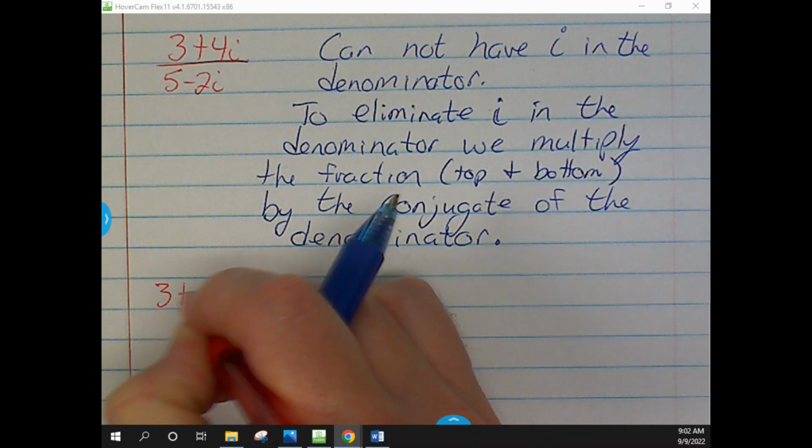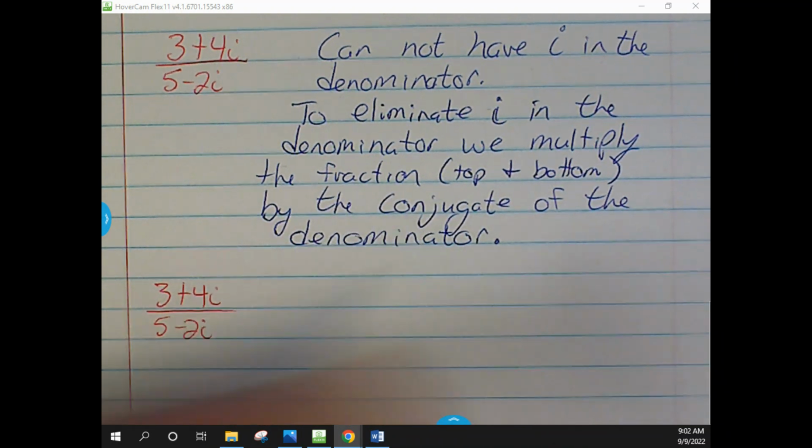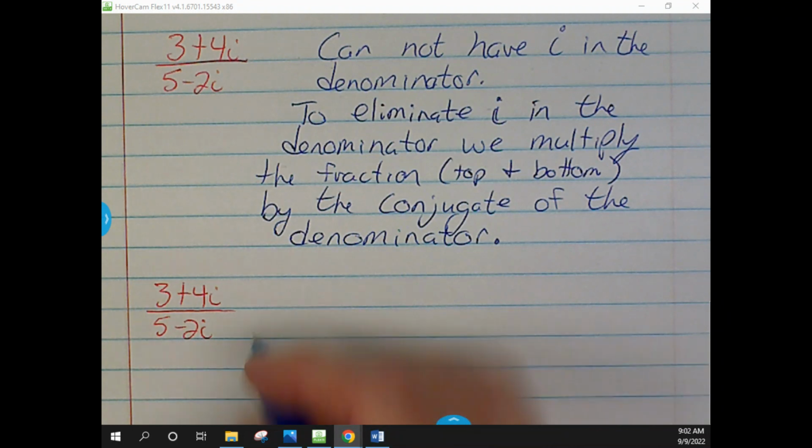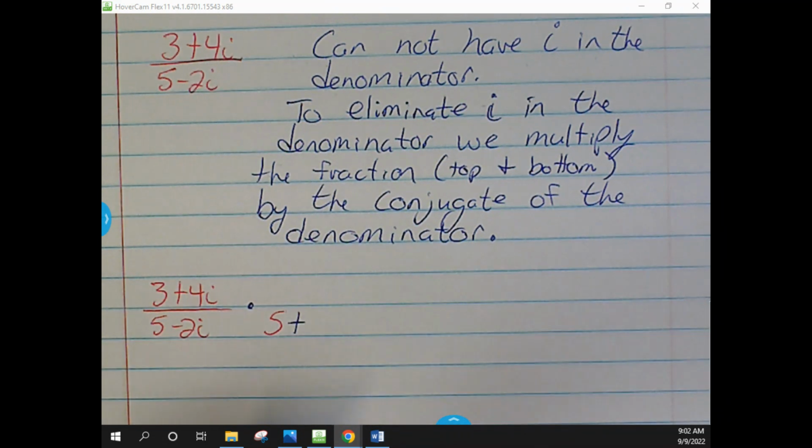All right, so here's what we've got. Let's take that same example we've got here. And again, to simplify it, we're going to multiply by 5, not minus 2i, but 5 plus 2i.